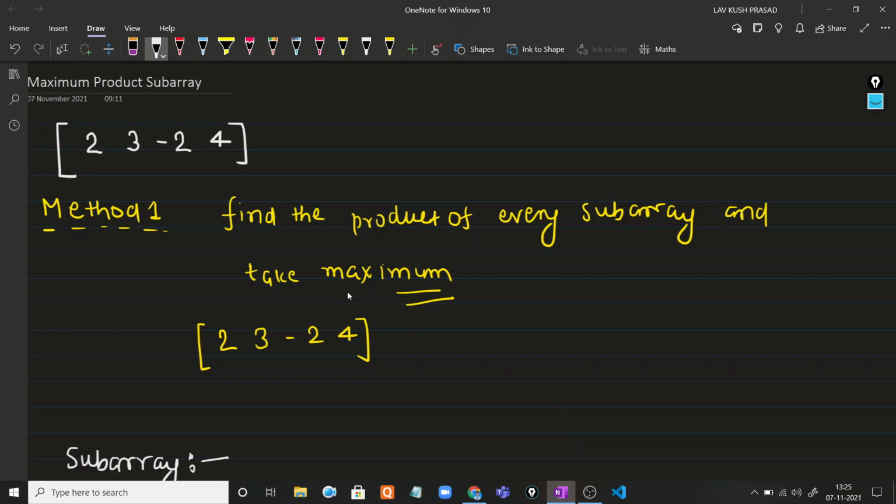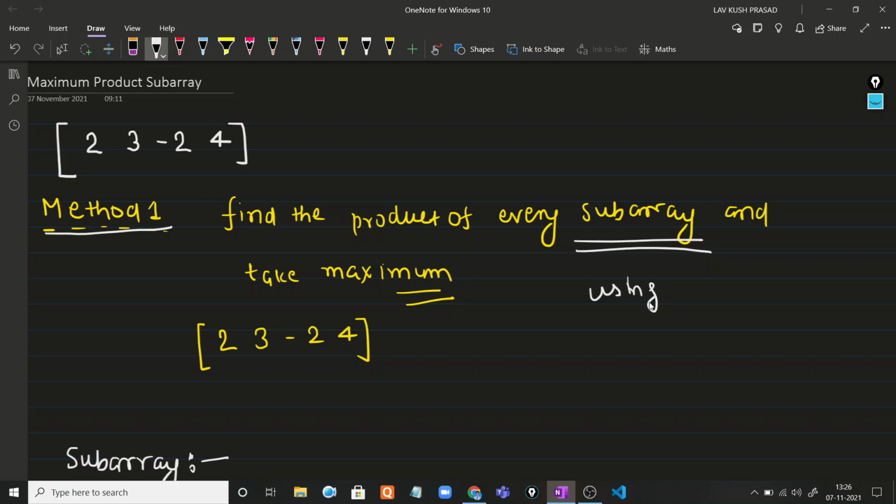So there are two methods to solve this problem. In the first method, we can find the product of every subarray, right? Because we can easily find every subarray of a given array using two loops.